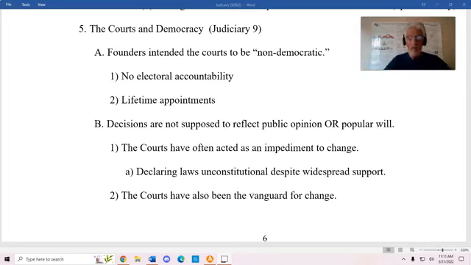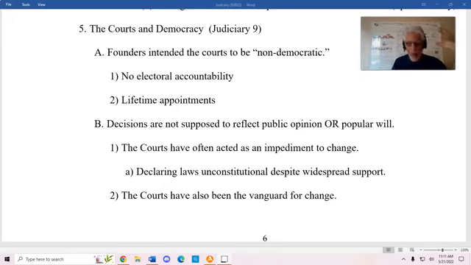And then there are other times when the courts have been the vanguard for change, pushing change when the public isn't quite there yet, moving things along. I would say that without the courts' involvement, the civil rights movement would have moved much more slowly.